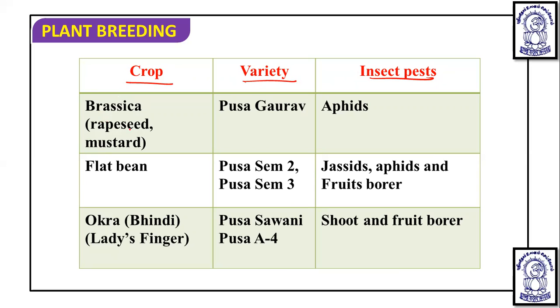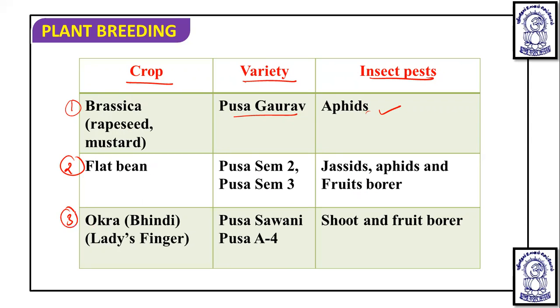The crop is Brassica, also known as rapeseed mustard. Its new variety, developed by hybridization and selection, is Pusa Gaurav, which provides resistance against aphids. Another example is flat bean, whose varieties Pusa Sem 2 and Pusa Sem 3 were developed by hybridization and selection and provide resistance against jassids, aphids, and fruit borers.